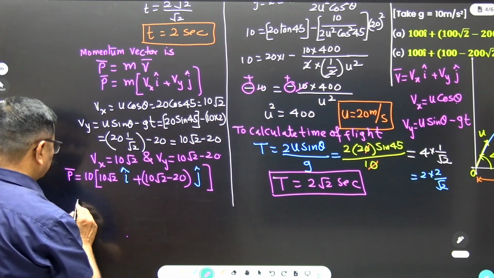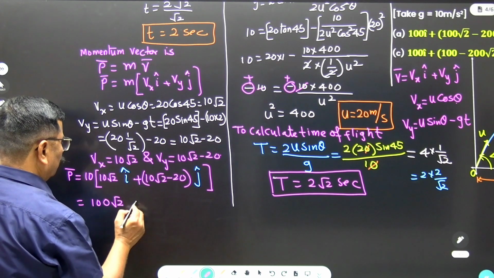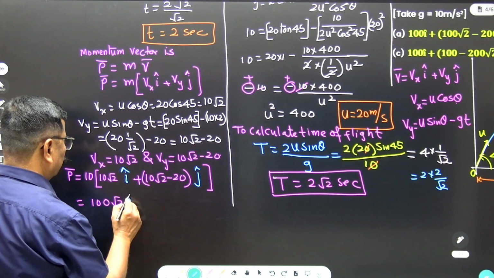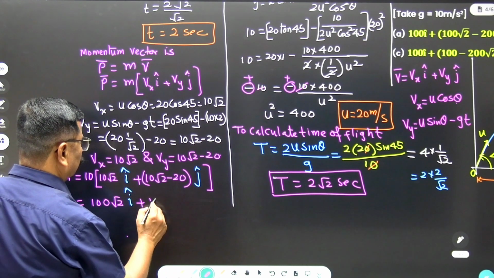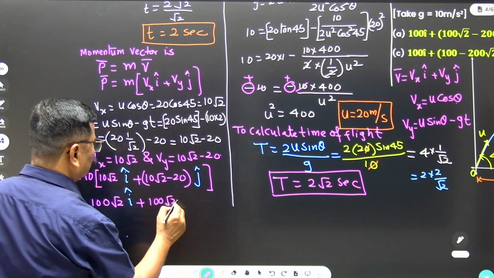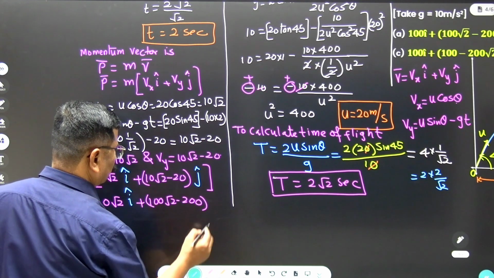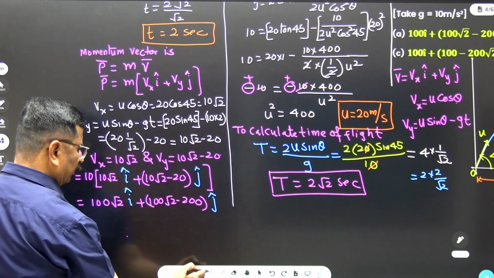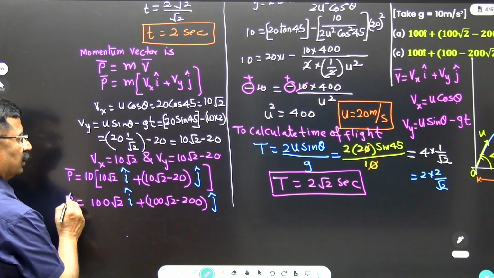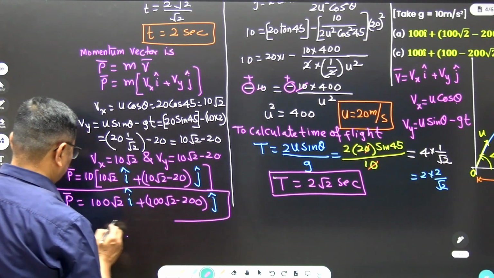Just multiply this. This will be 100 root 2 i cap plus (100 root 2 minus 200) j cap. So this is the required momentum vector.